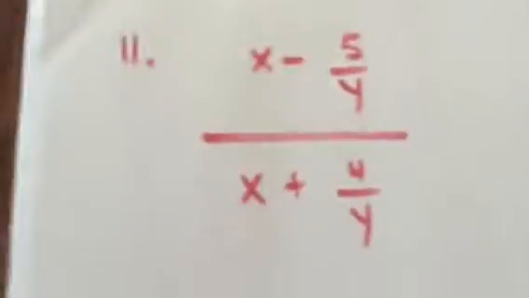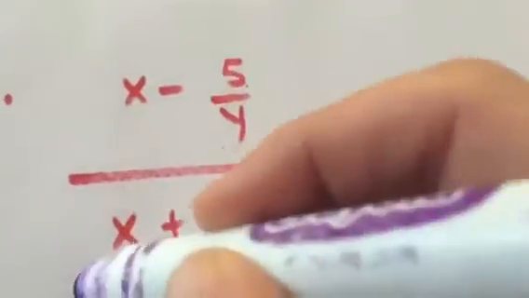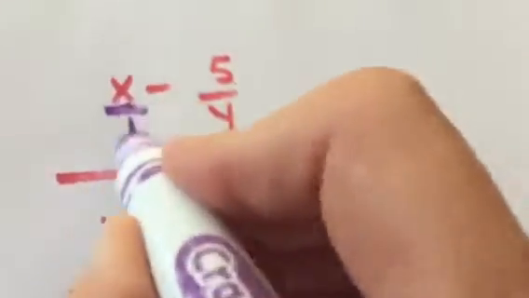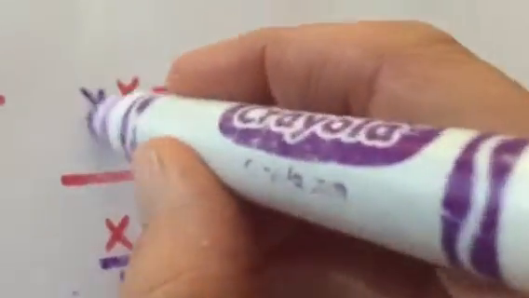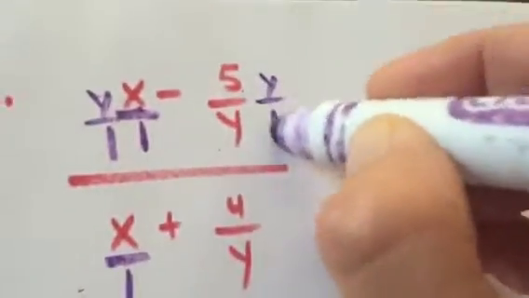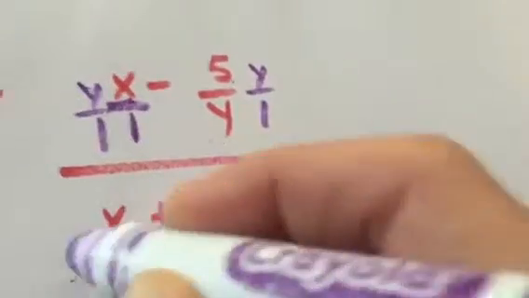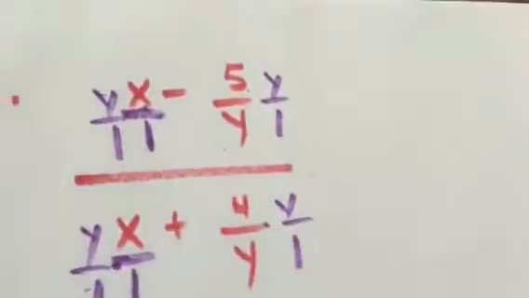Now I'm going to do number 8 actually last. Look at number 11. This one's a lot easier. Here my common denominator is just boring y. There are 1, 2, 3, 4 terms here. I'm going to go ahead and write these as fractions. I'm going to multiply everything by y. So I'm going to multiply this guy by y, this guy by y, and multiply everything by y. What you do to one, you have to do to all.